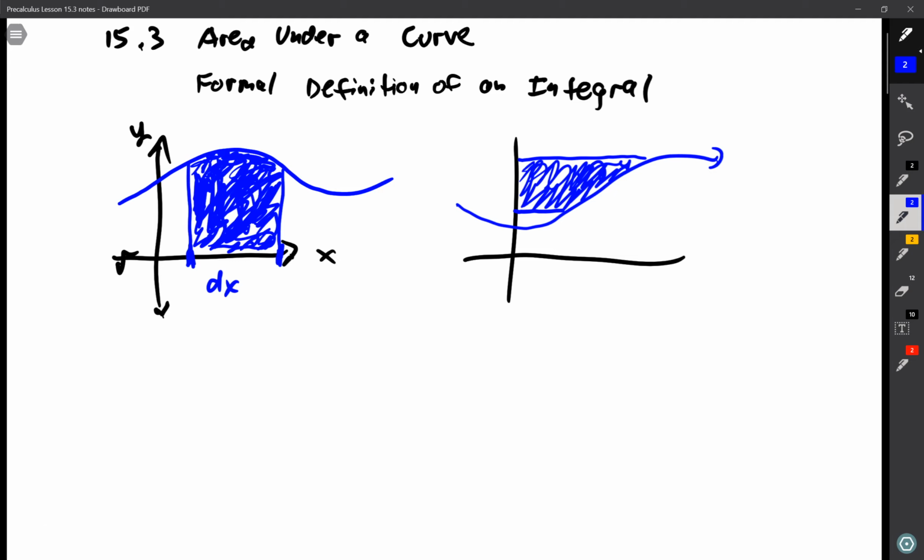So this would be dy, but we're dealing with dx. Okay?